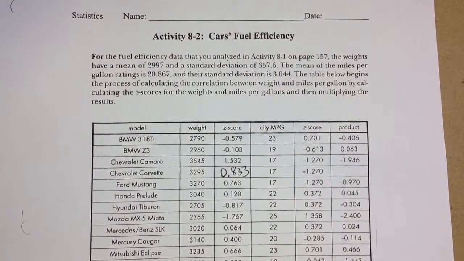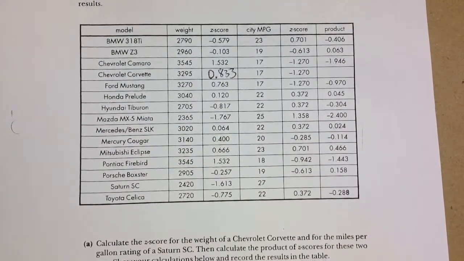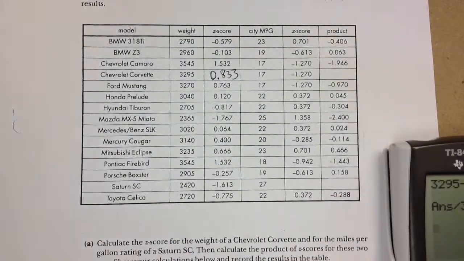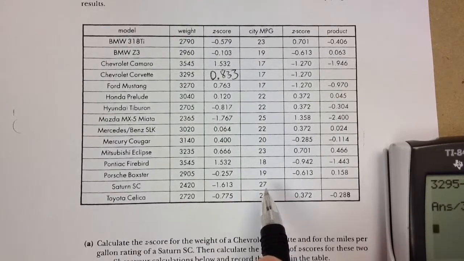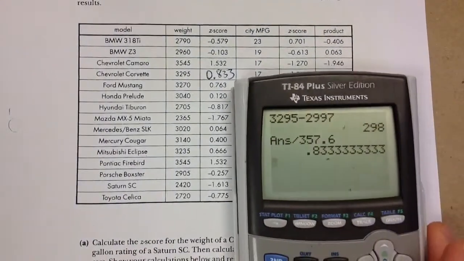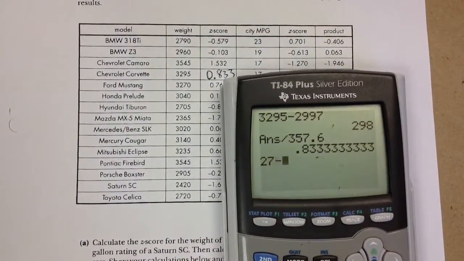And then for the Saturn, we want to find the z-score for its fuel economy. It has the highest fuel economy, but we want to get a sense of how high in a relative sense is that number. So we find the z-score: 27 miles per gallon, minus the mean, which is given to us above, of 20.867.